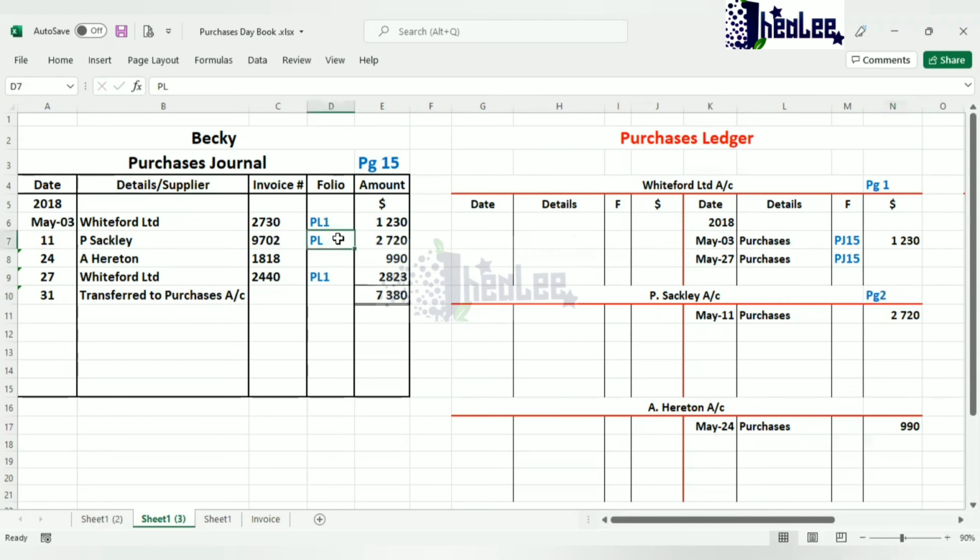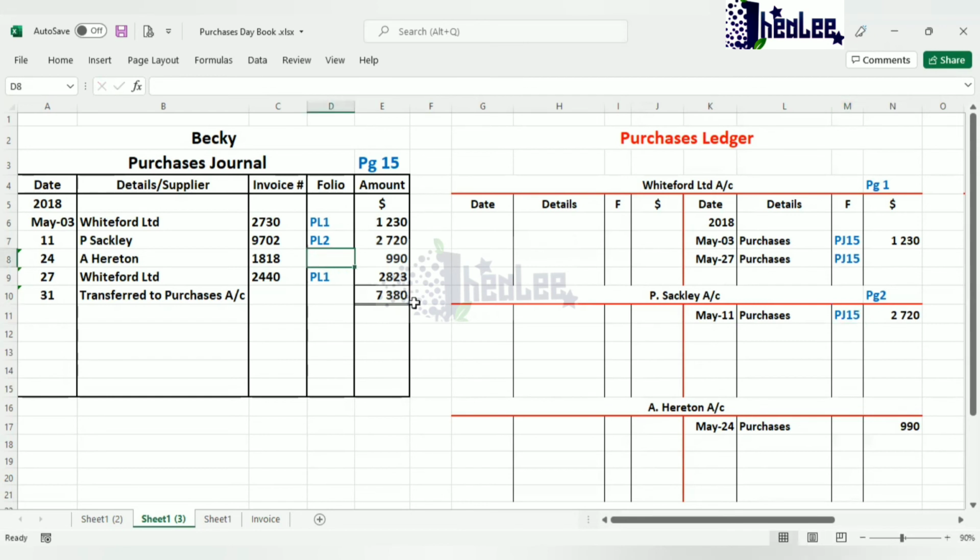To complete the folio in the purchases journal for P. Sackley's entry, that is PL2, saying if you go to the purchases ledger on page 2, you will find P. Sackley's account. Let's complete the folio in P. Sackley's account. Where did we get this entry for May 11th? That is on the credit side. It came from the purchases journal, page 15.